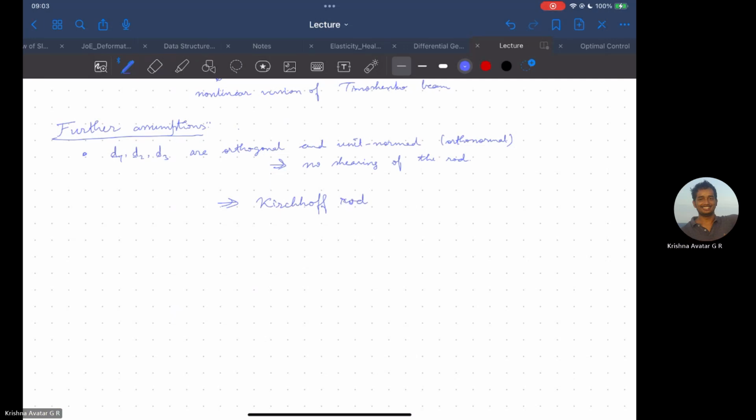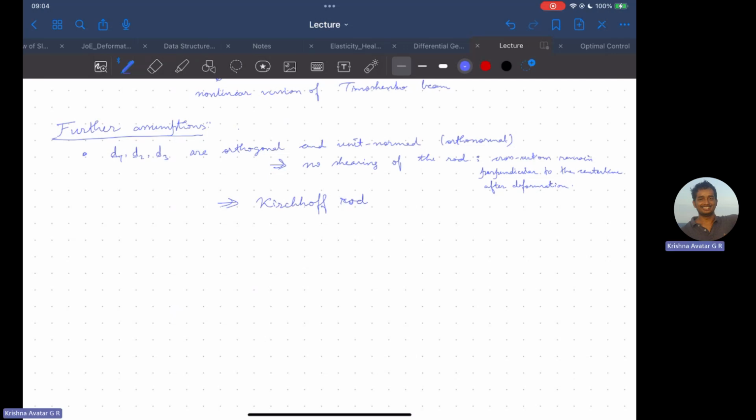As we recall, no shearing of the rod means the cross sections remain perpendicular to the center line after deformation. That's what it is.